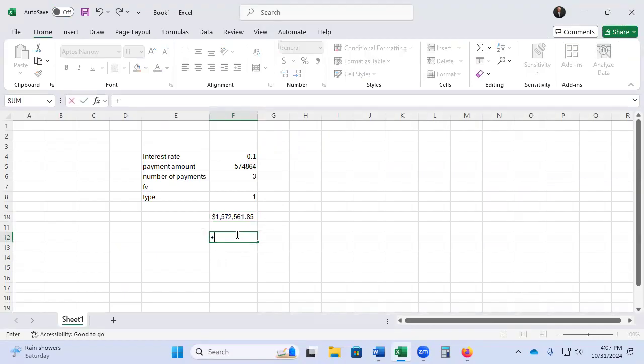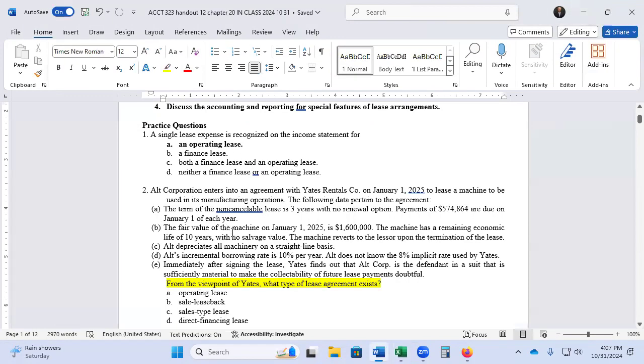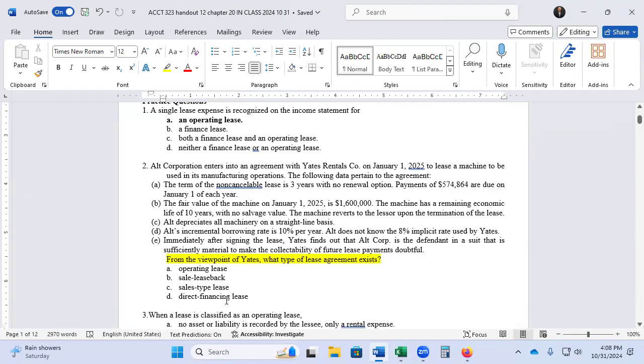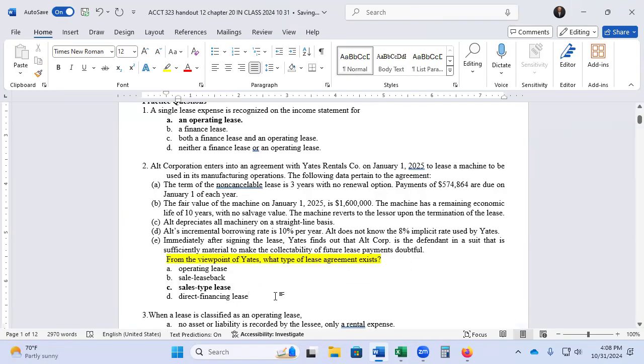So if we take the 1.6 million and multiply it by 90%, we have more than 90%, so it meets that one. So it would be classified as a finance type lease. And so it ends up being a sales type lease, because that's from the lessor perspective, sales type lease.